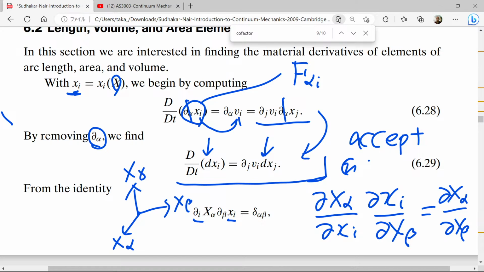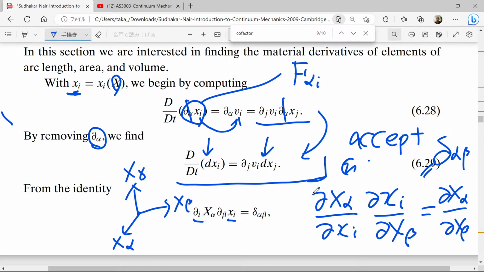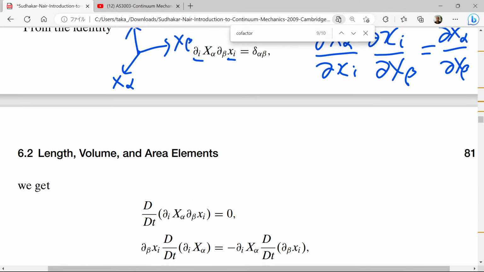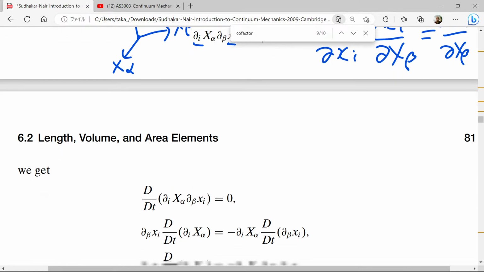These are orthogonal, so it is 0. This one is delta alpha beta, because the three axes are orthogonal. So then, next page, we get this.